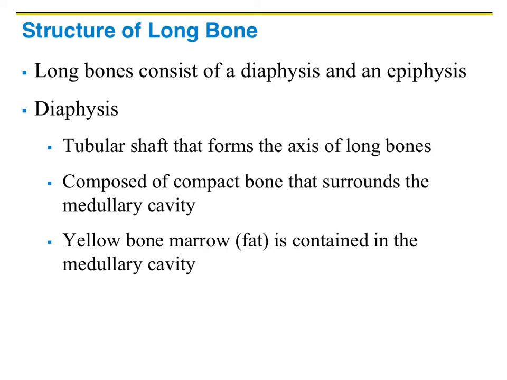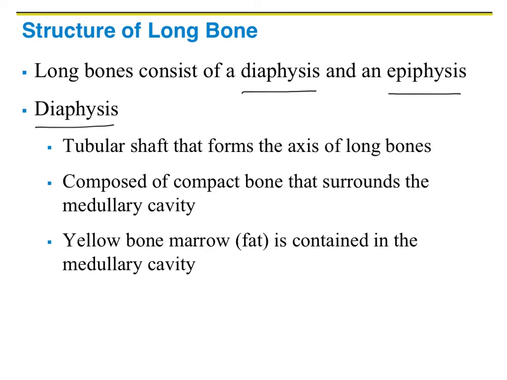Let's begin by discussing the structure of long bone. Long bones consist of a central shaft known as the diaphysis. The ends are epiphyses. One end is an epiphysis; the plural is epiphyses. The diaphysis is the central portion, or the shaft, of long bone.